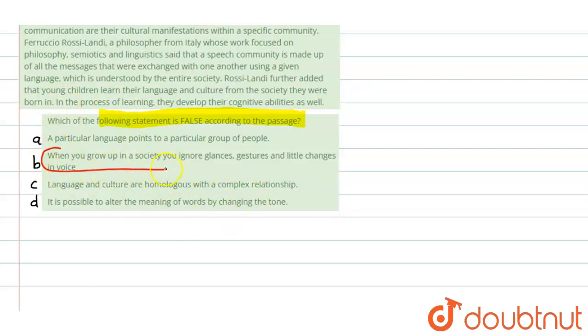When you grow up in a society, you ignore glances, gestures, and little changes in voice. This is the wrong statement है. ठीक है, it is गलत है क्योंकि a particular language points to a particular group of people, ये हमारा right option है. ठीक है, then language and culture are homologous with a complex relationship, यह भी हमारा करेक्ट ऑप्शन है। चौथा ऑप्शन, it is possible to alter.